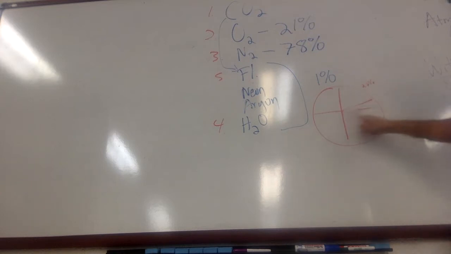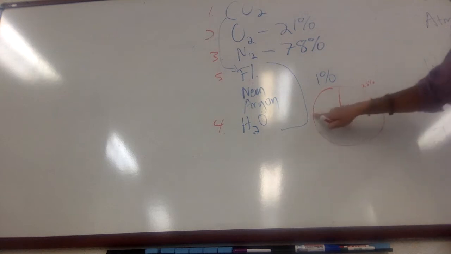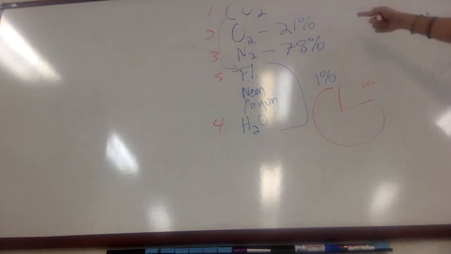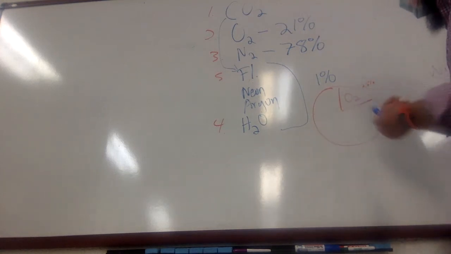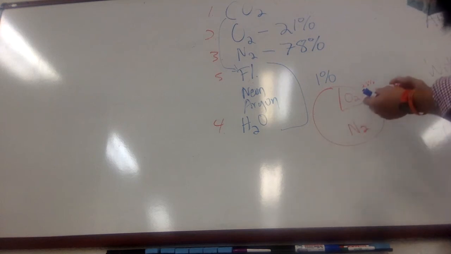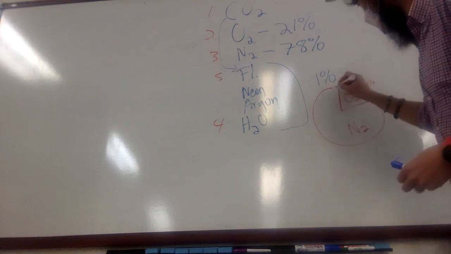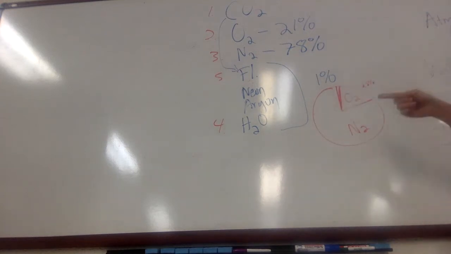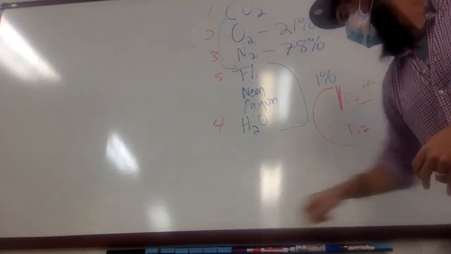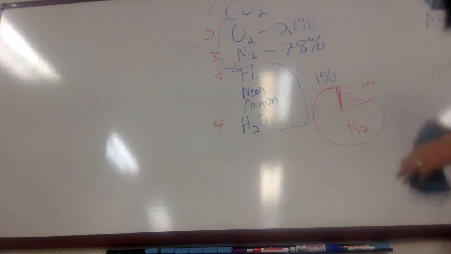Or you could split it into 5s, that's 20% each. But pretty much O2, N2 for nitrogen, and then a tiny sliver of everything else. The funny thing is that tiny sliver can have a huge impact on the rest of the systems. Crazy. Okay, I'm going to erase.